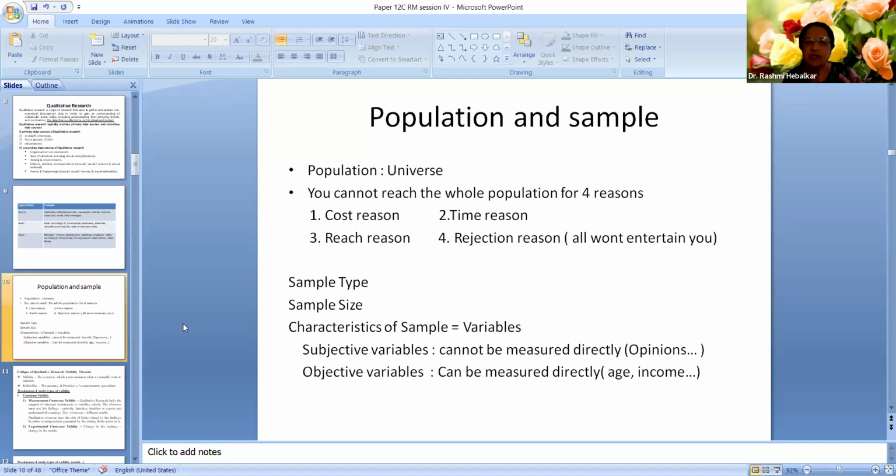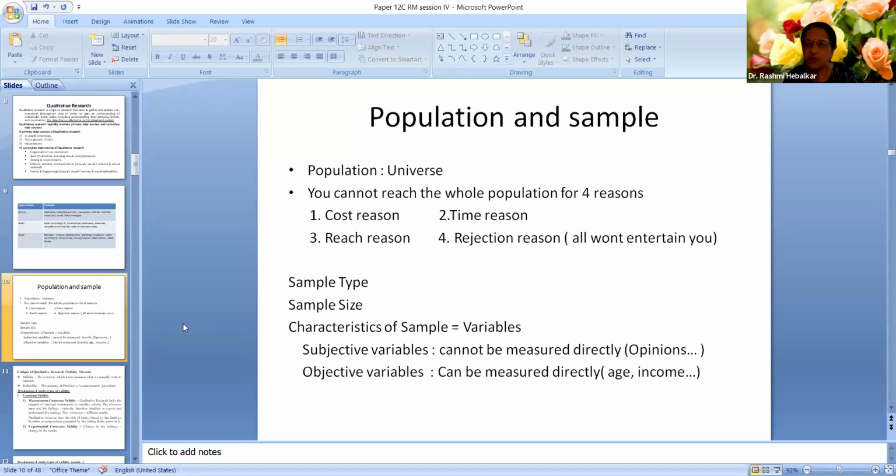Now, universe, as I said, the number, suppose I'm doing research on the issues and concerns of research methodology students in understanding research.